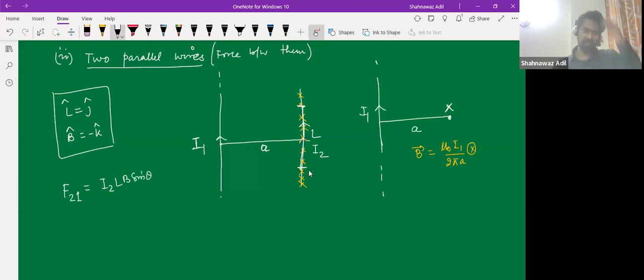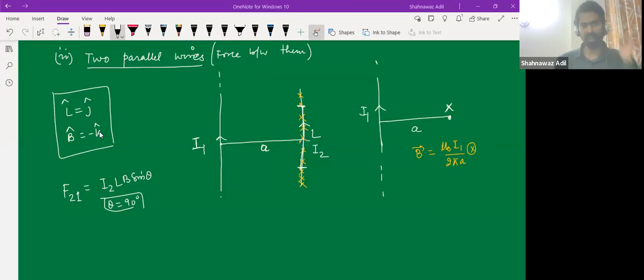And what is the angle between them? This is inside and this is upwards. So how much is the angle? 90 degrees, right? The magnetic field is inside, and this is upwards in the y direction.